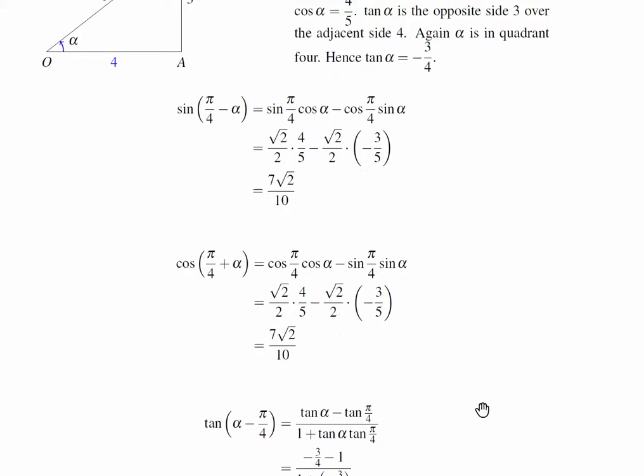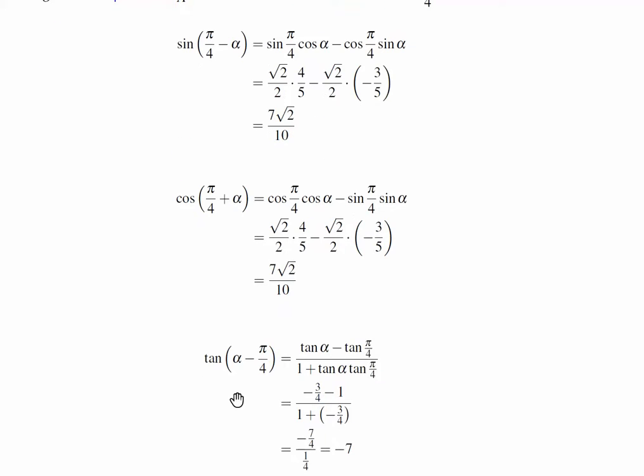The last one is the formula here. We learned tangent of alpha minus pi over 4 will be tangent alpha minus tangent pi over 4, divided by 1 plus, it is not subtraction, it is plus, the product of tangent alpha and tangent pi over 4.